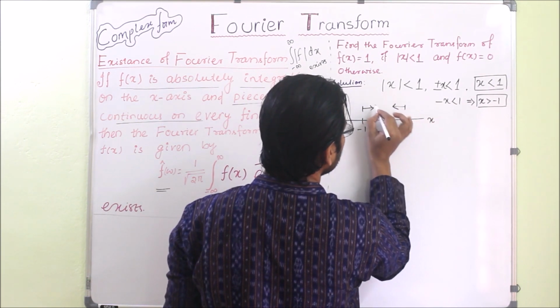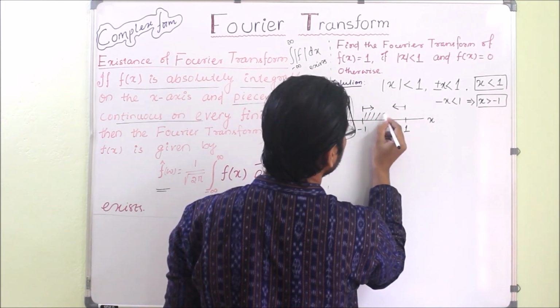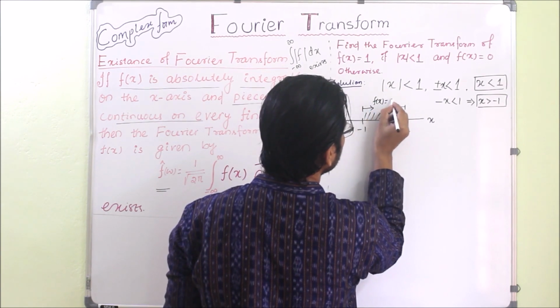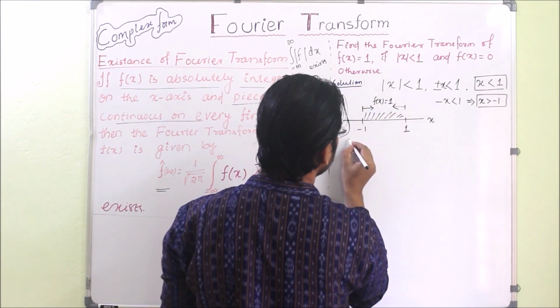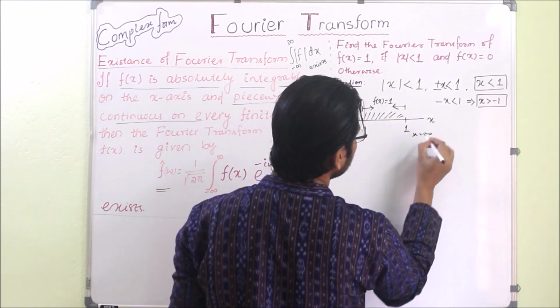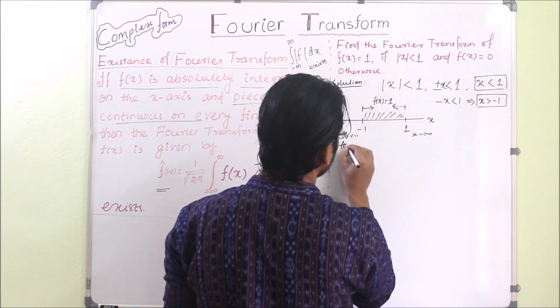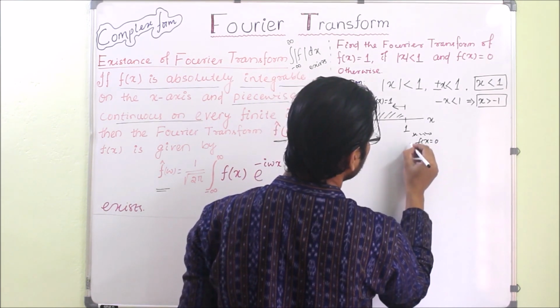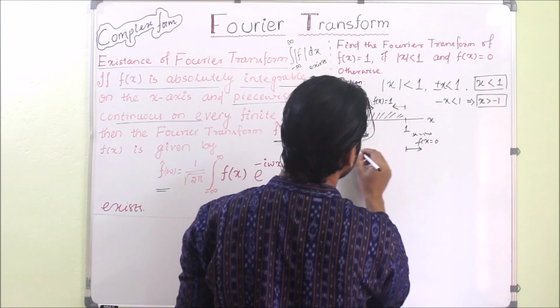In this portion, what will be the f of x value? f of x is 1. Other than this portion, f of x equals 0.